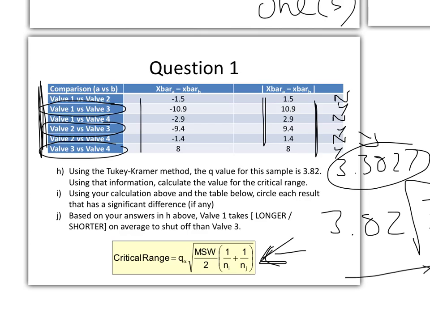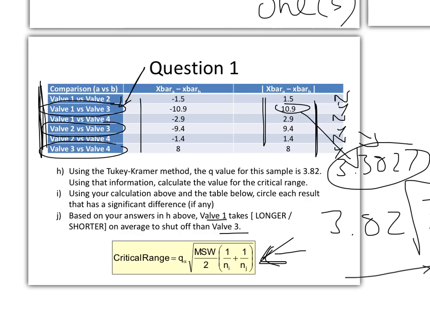Alright, based on our answers above, does valve 1 take longer or shorter on average than valve 3? Well, the first thing we have to look at here is valve 1 and valve 3, was that a significant difference? So the answer there is yes, it's significant. And then we can look here, so again, this 10.9, the absolute value, was greater than our critical range. So we say that's a significant result.